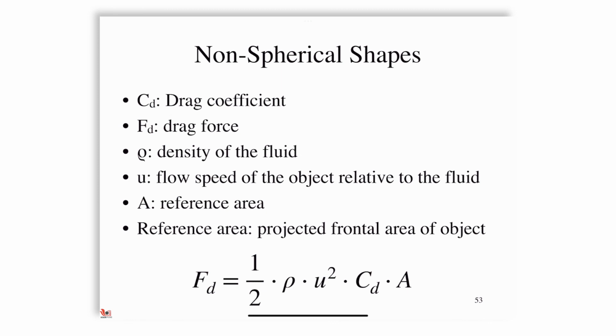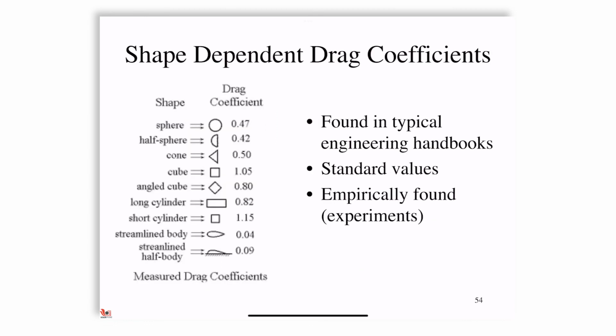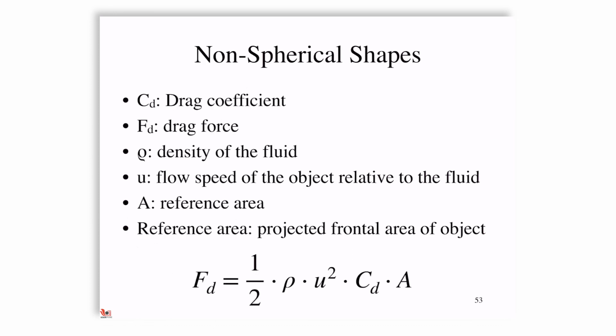So for non-spherical shapes, we need to consider something called the drag coefficient, CD. And the drag force calculation then becomes a little more complex. We have half times rho times u squared times CD times A, where A is the reference area. So V and U are used interchangeably. I've just corrected it. The shape-dependent drag coefficients are dimensionless numbers.